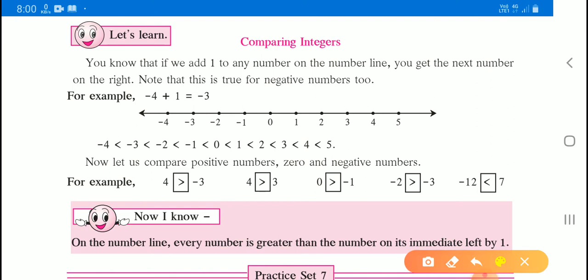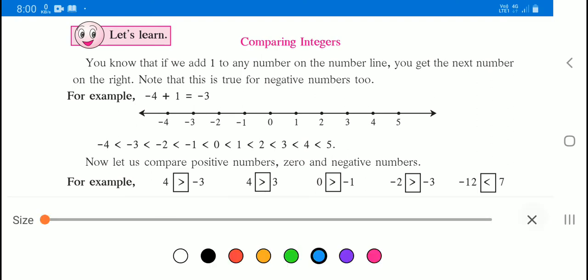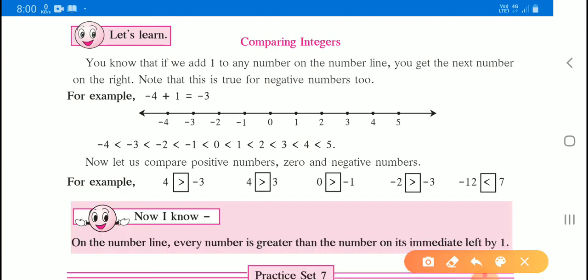Suppose we take positive 4. If I add positive 1 to it, I go 1 unit to the right, and you get the answer positive 5.